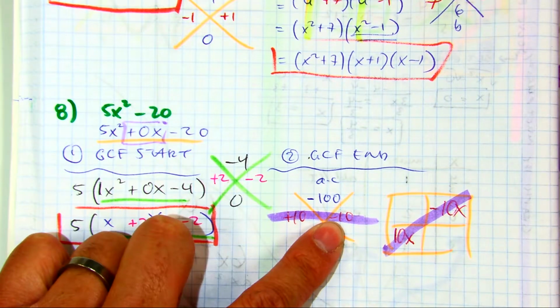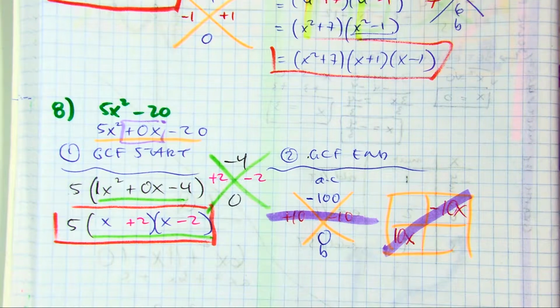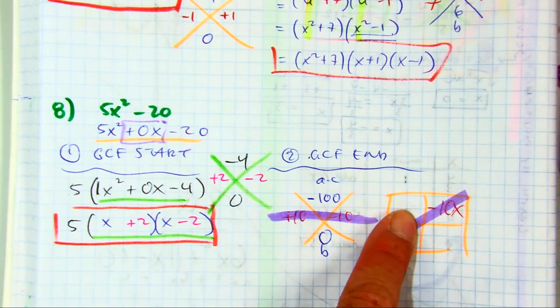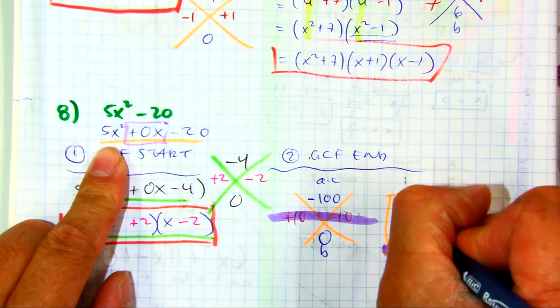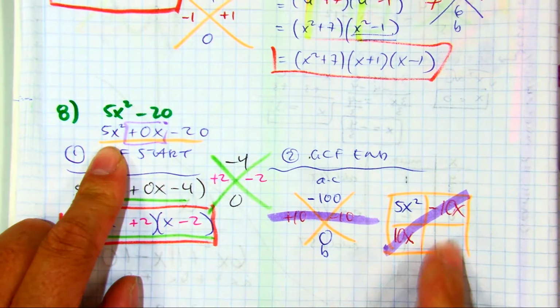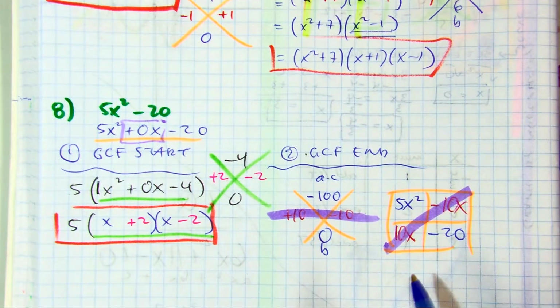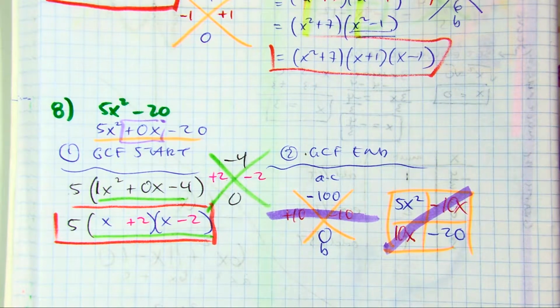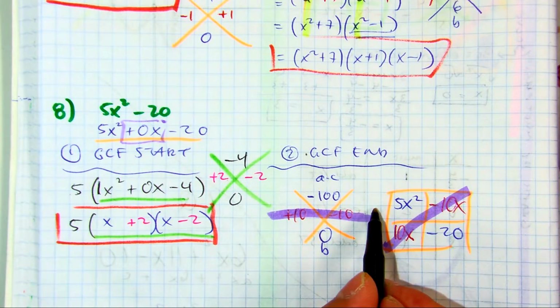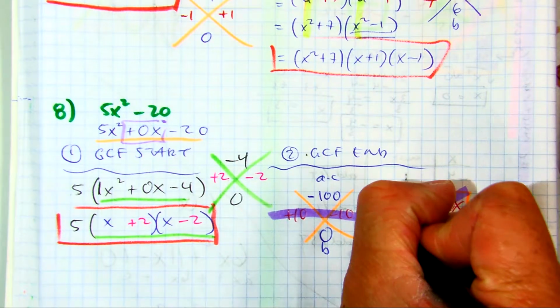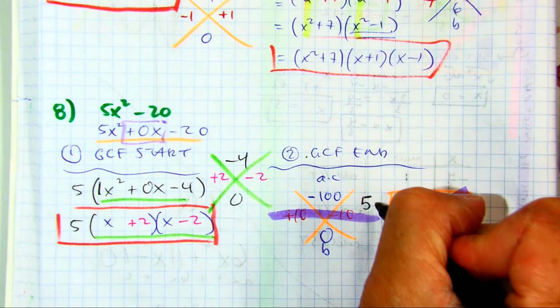Class, what goes on the top left? 5x squared. We're working in orange here. And the bottom right? Essentially what we're doing here is factoring by grouping. Class, common factor? 5x. How about in this direction?